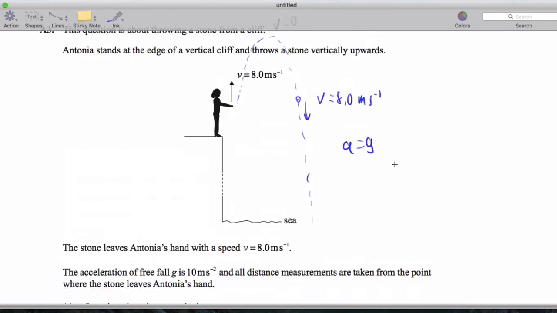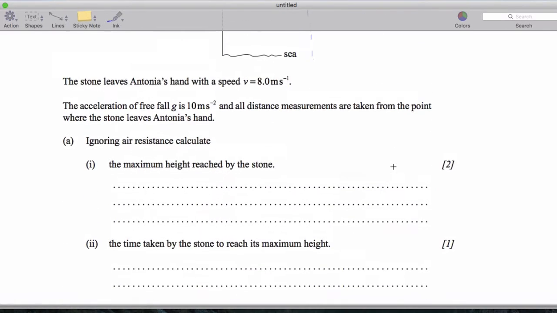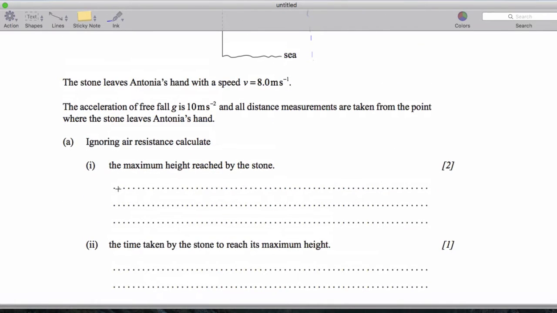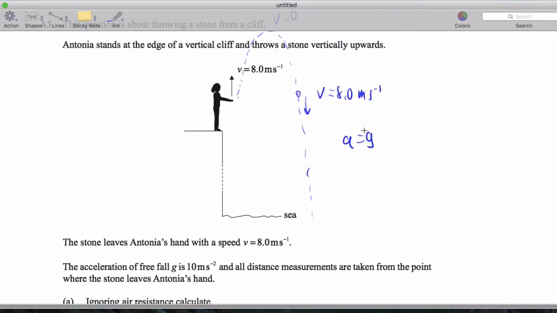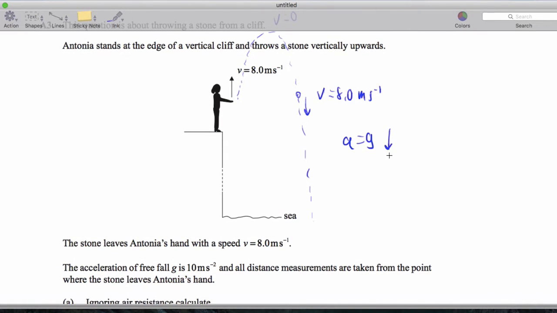We want the maximum height reached by the stone. So here we go. We can say v squared equals u squared plus 2gs using the formula. We reach a speed of 0 at the top. We started with the speed of 8, plus 2 times negative 10, since I'm defining a as g, and g is a downward acceleration, so we make this negative 10.